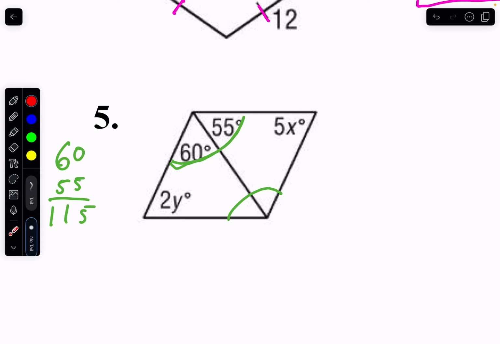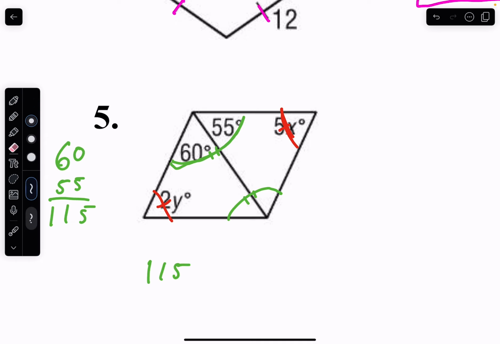So I know that, let's say this one over here is red. Let's say over here is red, okay? I know that green added to red, for this particular case, needs to equal 180. So what I know is that green is 115.